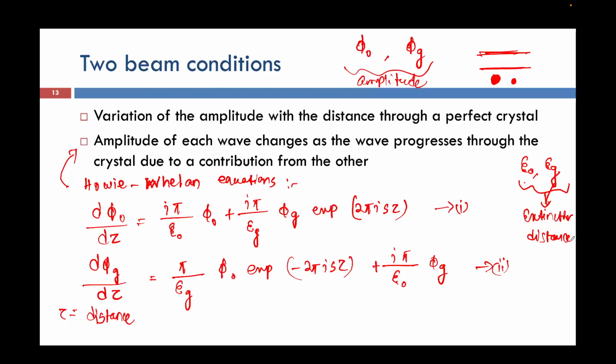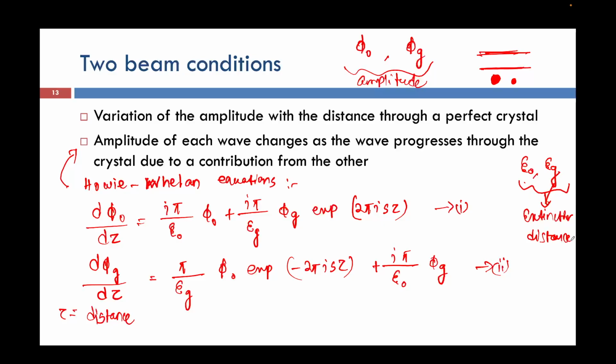Okay, so these are the two new terms that we have analyzed, and remember this extinction distance is the thickness of the specimen at the first bright fringe. So we'll see what the bright fringe is and what the thickness of the specimen is, and how we get those.